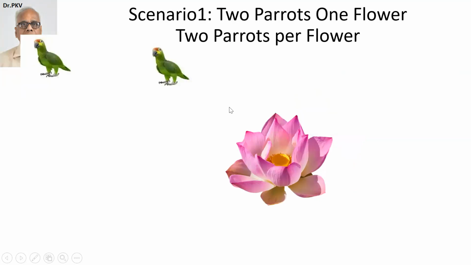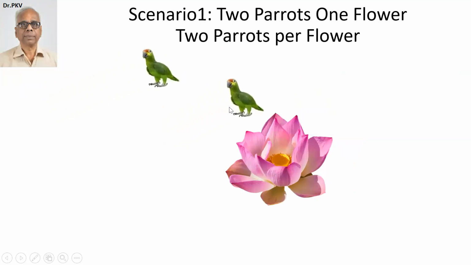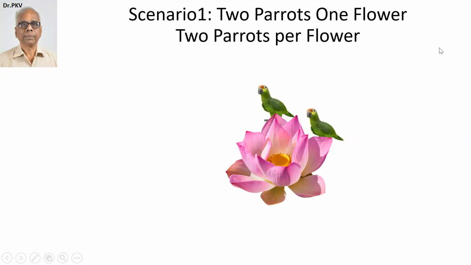But if two parrots sit per flower, then there is nothing left actually. We are not able to get the solution because one flower is extra is given in the problem. In this way, one flower will not be extra. Two parrots simply occupy one flower, and therefore, this is not the solution.